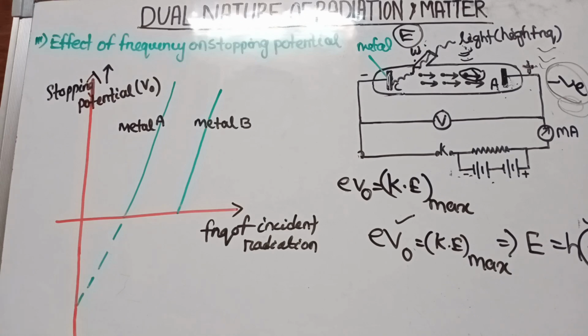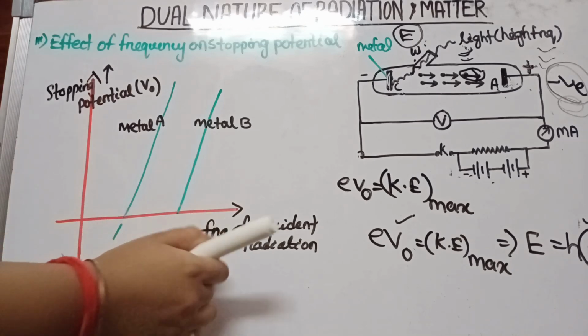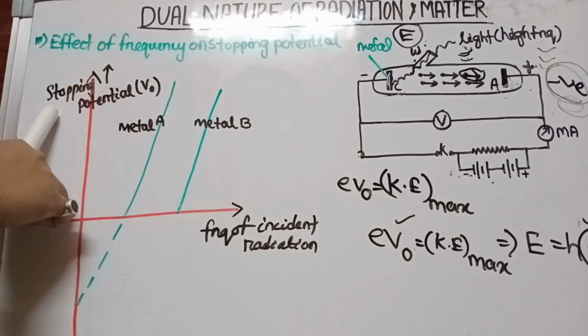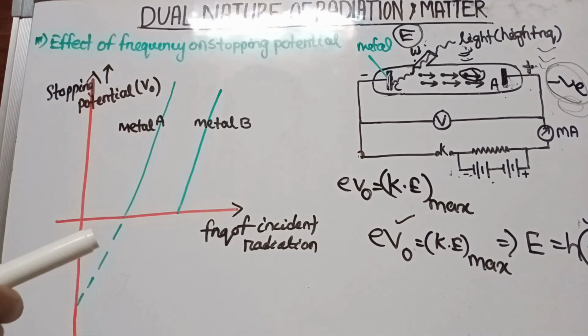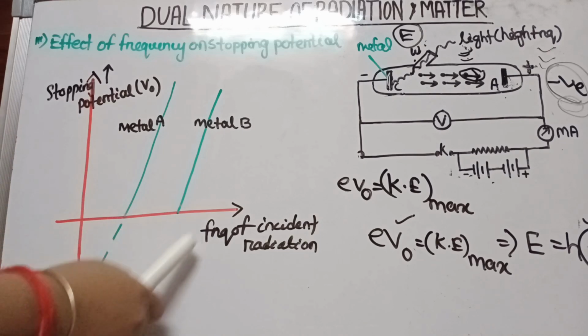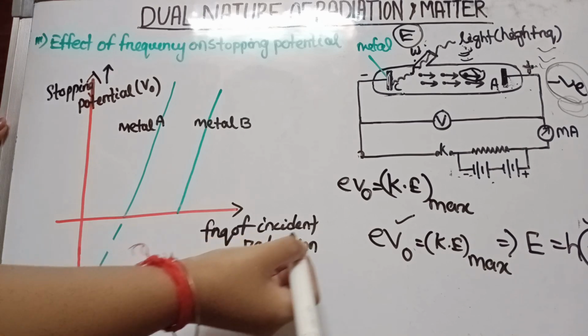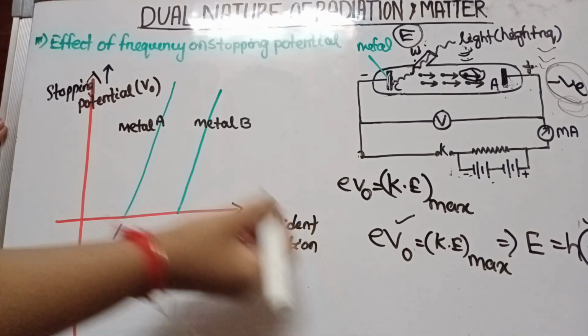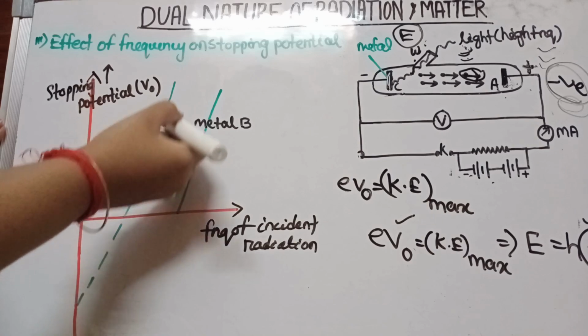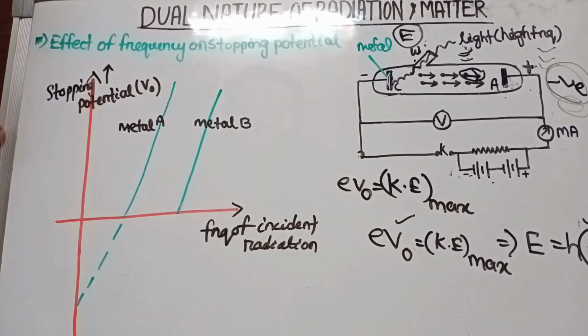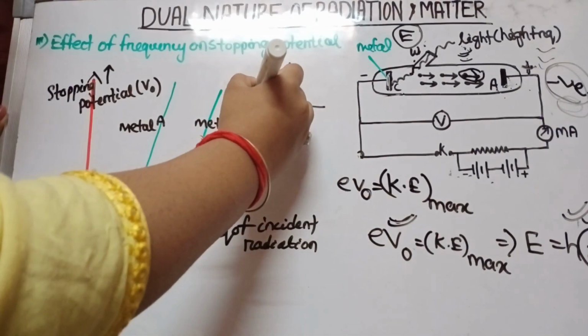If we draw the graph between frequency of incident radiation and stopping potential, and note the readings, the observation indicates that as we increase the frequency of incident radiation, the stopping potential gradually increases. This graph indicates this.